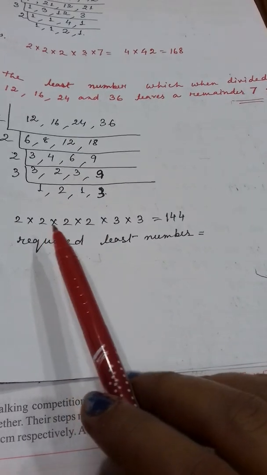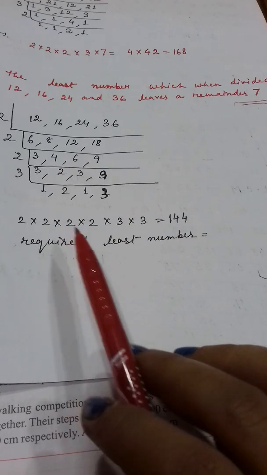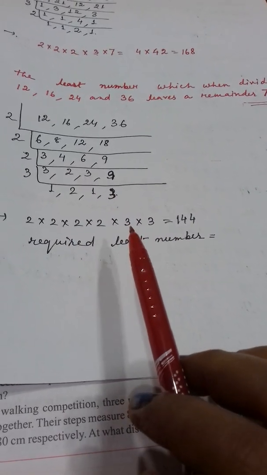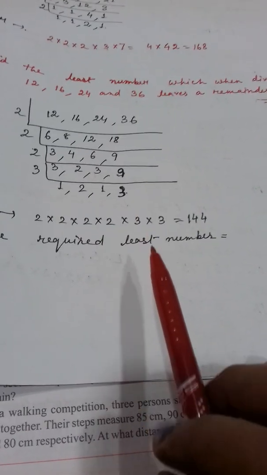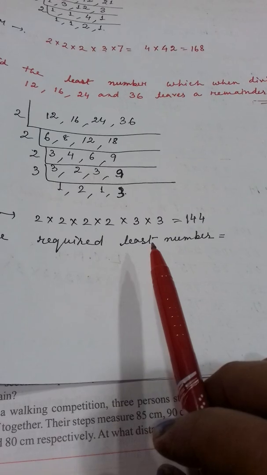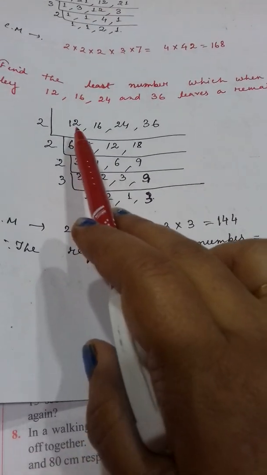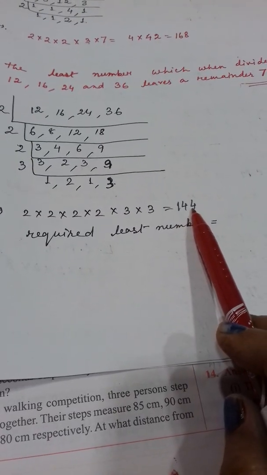Now if you add that remainder to the LCM, then you will get the required number. Yes or no? So first we find the LCM, and it has come 144.